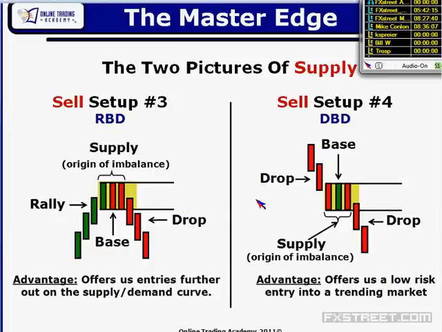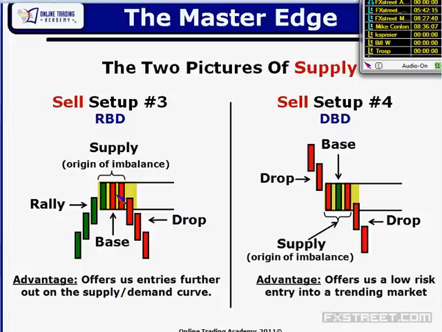Drop-base-drop is going to help you get into downtrends. When you're in a downtrending market, you want to be shorting against this, or this one on the left, but you're going to get more against this one on the right. However, the cautionary note with the one on the right is that you're typically not trading far out on the curve, where in the one on the left you are.